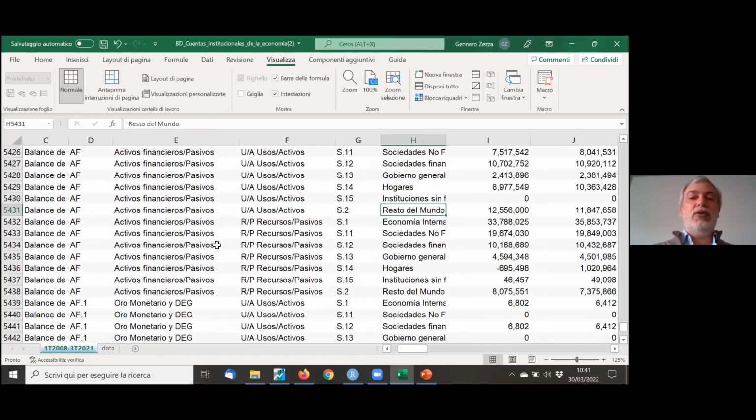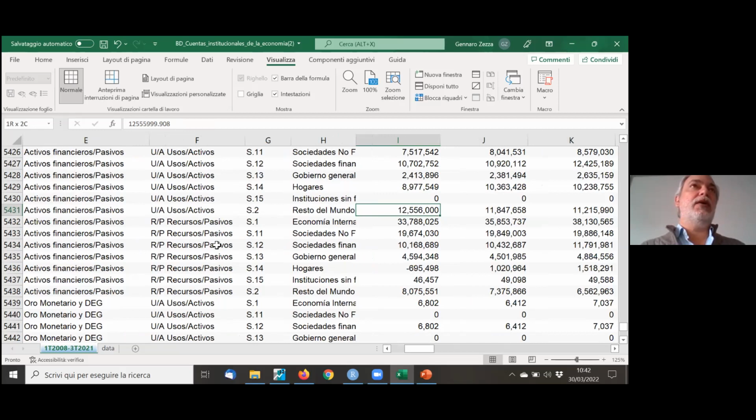So what we could check to begin with is, what if we take these assets and liabilities separately, and we check the discrepancy between the published figure here and the figure we can estimate at historical costs.